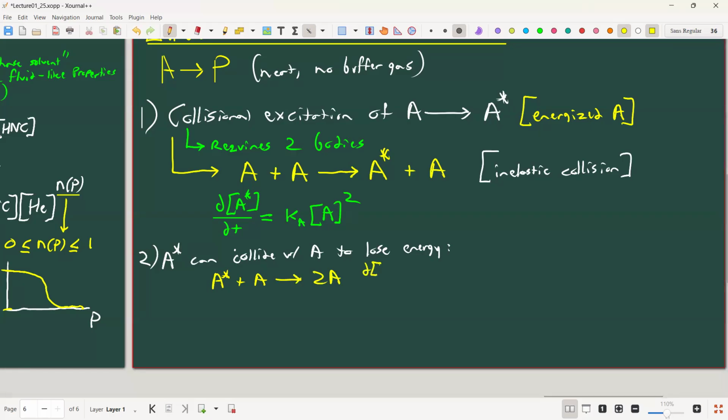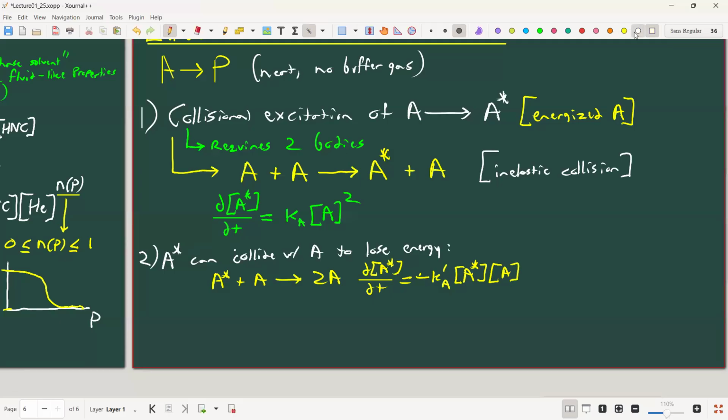And of course that would be some other rate, we'll call it Kb, some other rate of collision. Actually, no, let me call it Ka prime, because it's the same process as before, times the concentration of A star and the concentration of A.